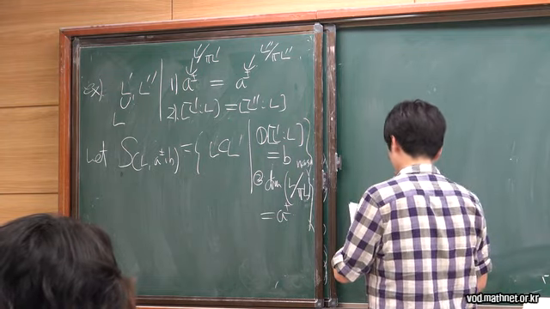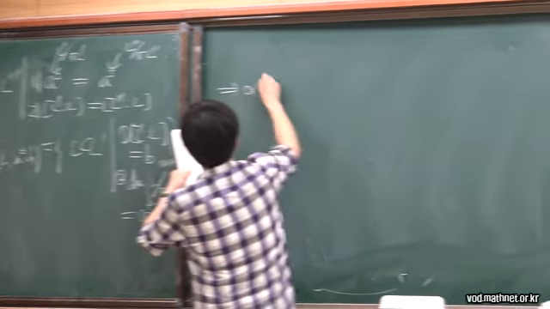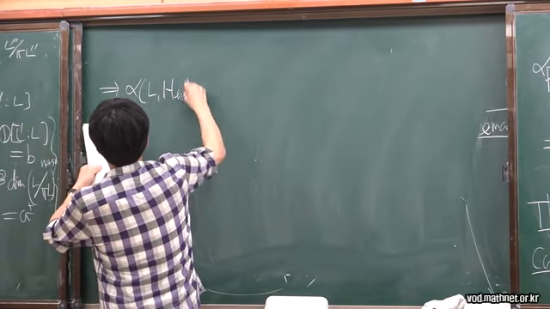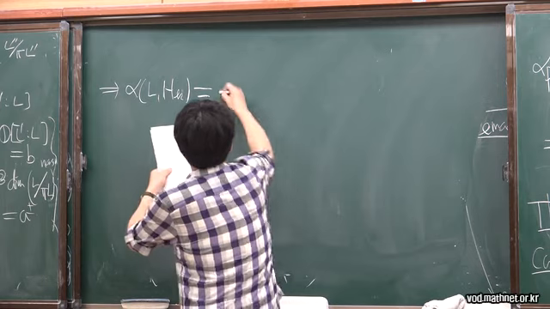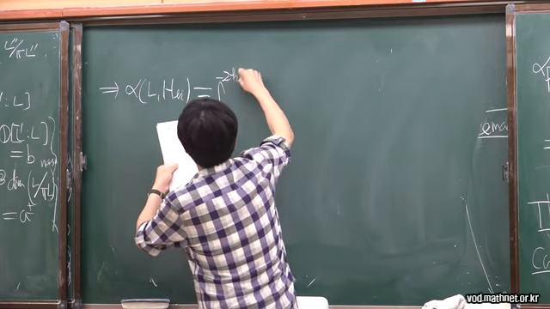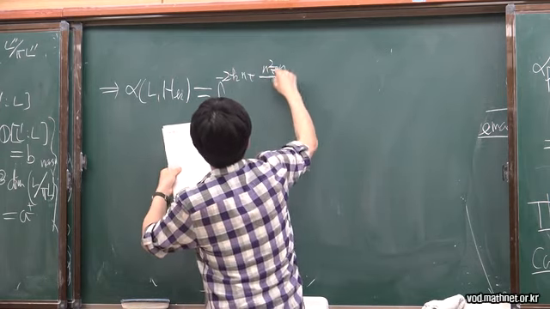Then in this way, I can write this Siegel series using the cardinality of this set. Using this, alpha of L, H_K is this: F to the negative 2kn plus n plus something over 2.